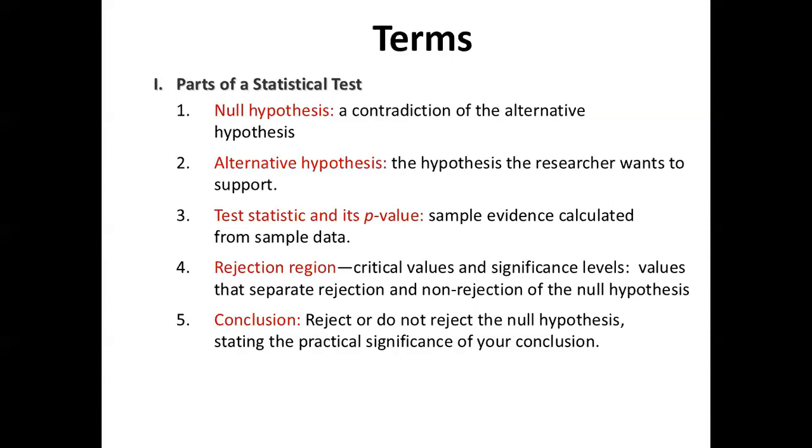And then our fourth step refers to the rejection region. In this step, we are going to find the critical value, that is the Z value, and the significance level, that is 0.01 or 0.05. Remember, in our previous lesson, the significance level alpha must be less than 0.01 or 0.05.